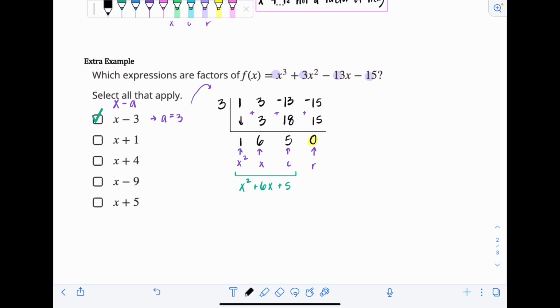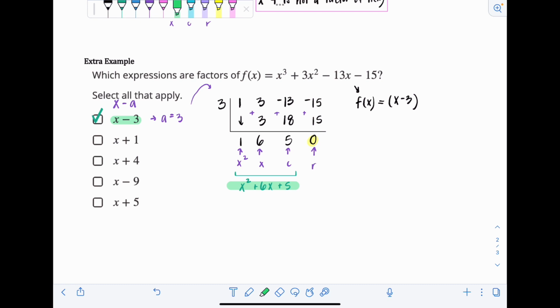So if I take the original problem, f of x, and I factor it, well, I've already proven that x minus 3 is a factor. So I'm going to pull that out. When I used synthetic to divide out the x minus 3 factor, I got the remainder of 0, so that proves that it's a factor. What I had as my actual quotient is the remaining factor.